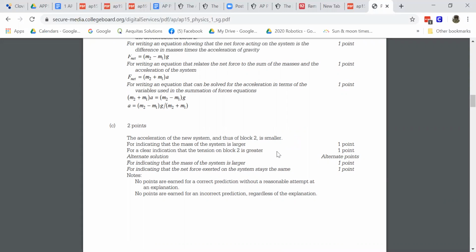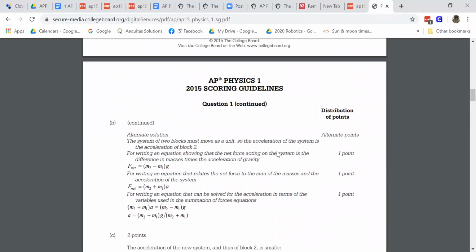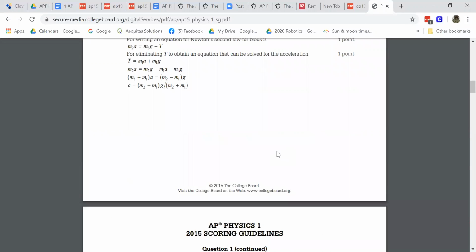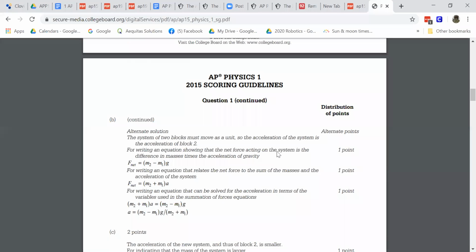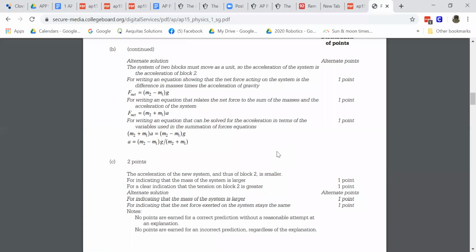Did they ask for that? Well, I didn't say that explicitly. Maybe I would have lost that point. It's interesting, although I think I deserve full credit because I said more mass, same difference in force, because I was combining it.